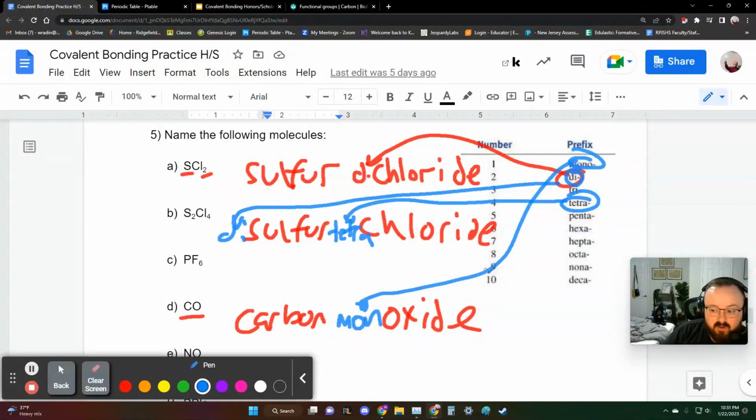We're not going to call it monooxide and have that double O. If you write it like that, I would not take off because that is an English grammatical thing, and I got more important things to worry about. But here's how we get carbon monoxide, CO, which is that deadly poisonous gas that we all need to have monitors in every single building to identify. So that's just really the only rule, is that if it's the first element that has one, you don't need the prefix.